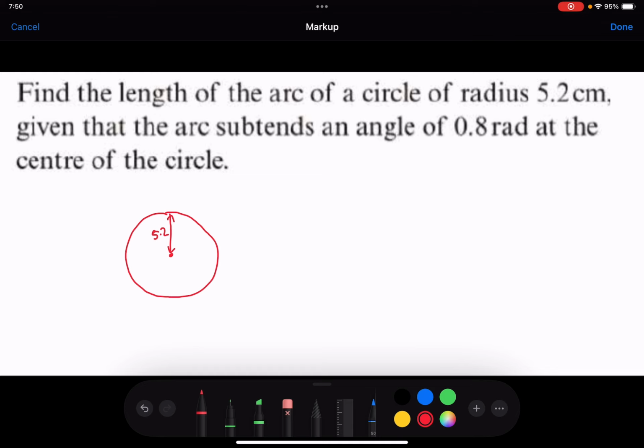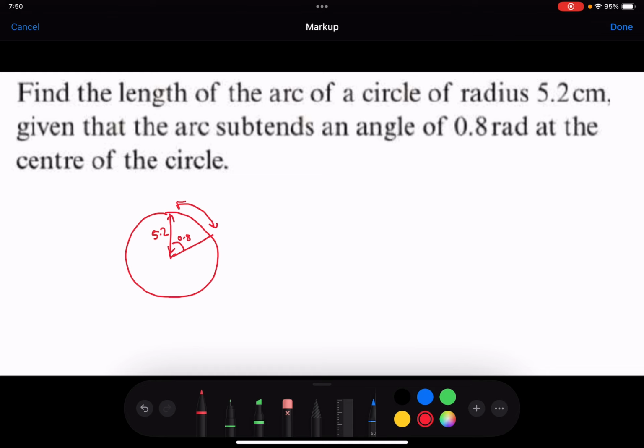And the arc is subtending, is creating an angle of 0.8 radians. So I'm going to mark on 0.8 radians here. And this is the arc here that's subtending that 0.8 radians at the centre of the circle.